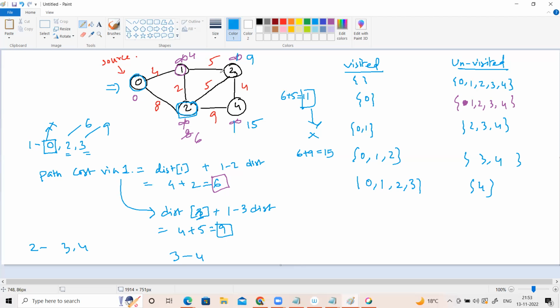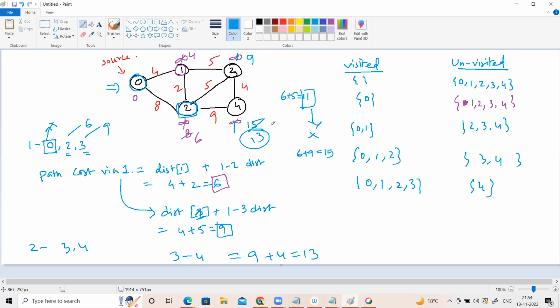Now we have to consider what the cost is. What is the cost to reach 3? 9. 9 plus 4 is equal to 13, because the cost from 3 to 4 is 4. So between 13 and 15, who is the minimum? Definitely 13. So we'll consider 13, right?